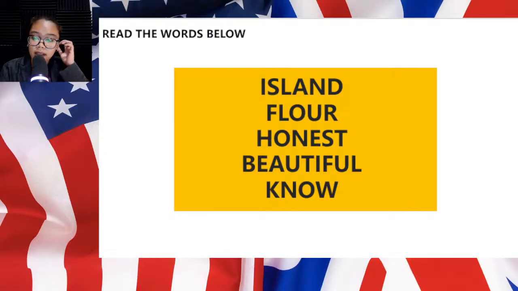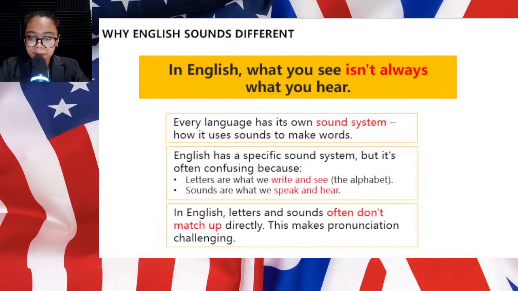Letter S. When it comes to a silent letter, we do not pronounce it at all. Meaning, it's more like a design in that particular word. You have to spell it out. It is part of the spelling of the word, but it is not part of the pronunciation of the word. Okay, so that is island, flower, honest, beautiful. These are different words that we know.